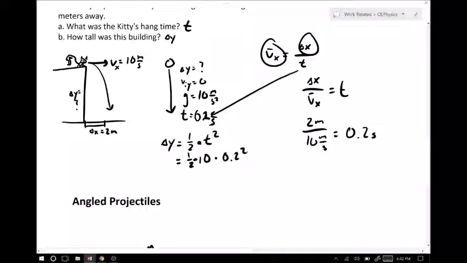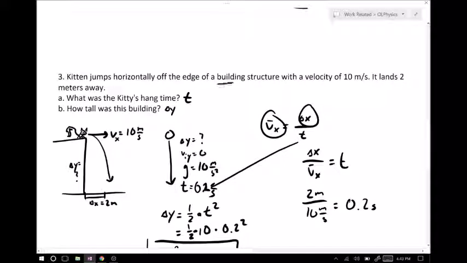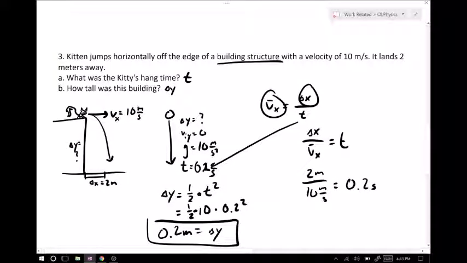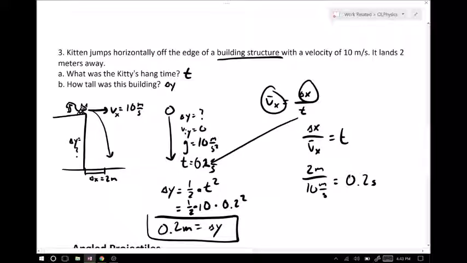If I do this really quick, we have 0.5 times 10 times 0.2 squared, and that gets us a very easy 0.2. So we have a building structure which is 0.2 meters tall, which is not tall at all. Just so you know, I made it say building structure because I wasn't sure what height I was going to end up with. That's not terribly high. It's actually really low, but that's fine. So that is what I have gotten.